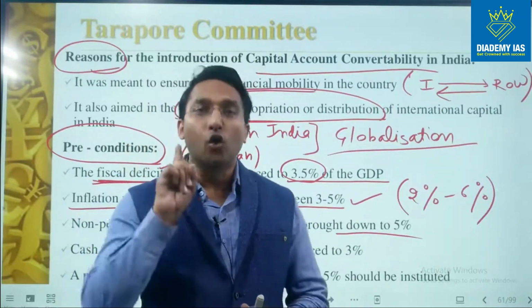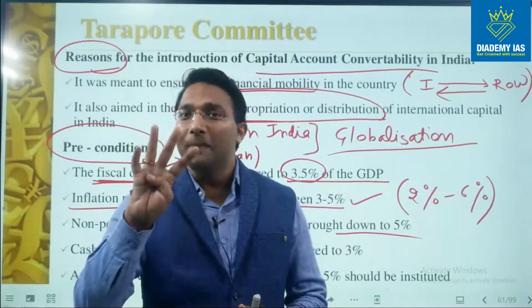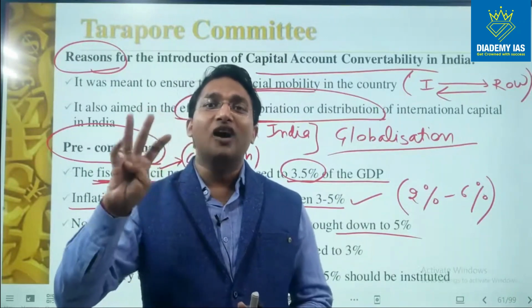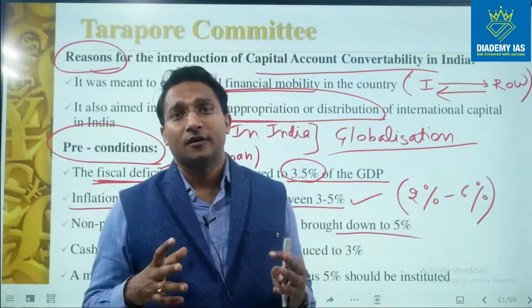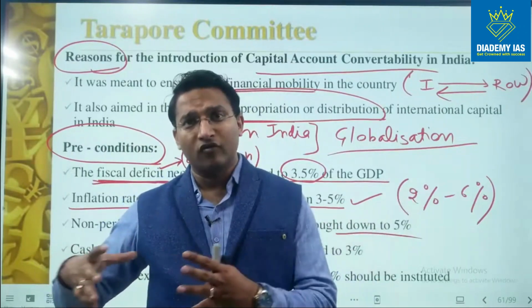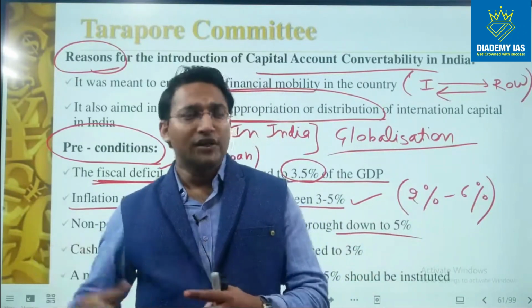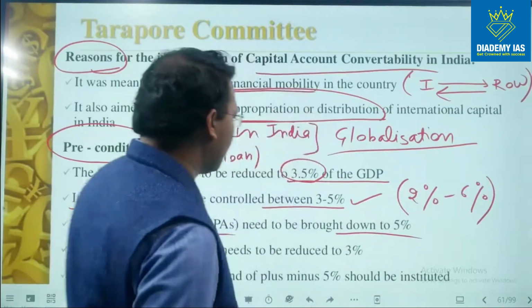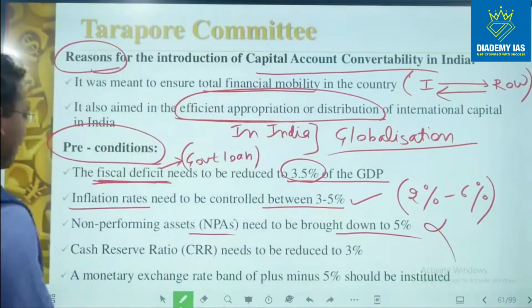I am repeating: corporate, banking, real estate, and NBFC. Four balance sheets are doing very badly. So we are in the four balance sheet crisis. We are in the cyclical slowdown phase. So this NPA condition is not satisfied, right?